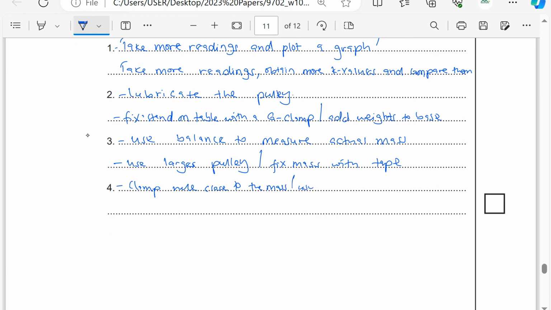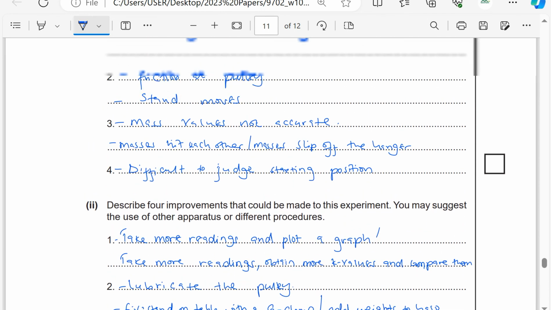That means you would fix the electromagnet at one position and every time release the masses from that position.